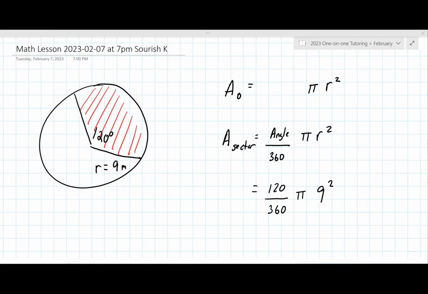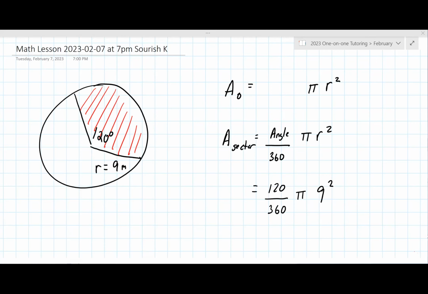Can I use a calculator? Sure, you can always use a calculator. Three.